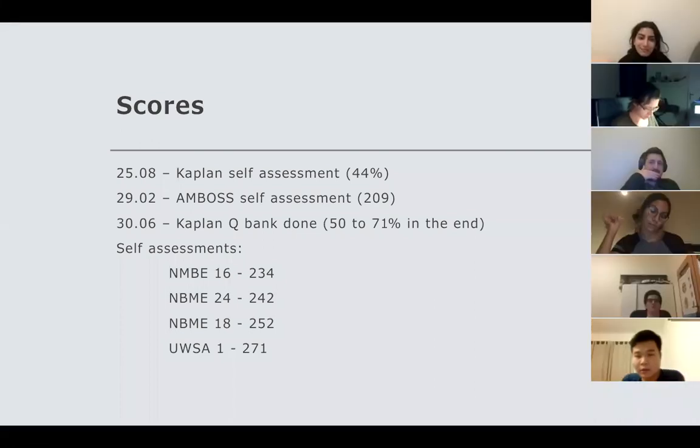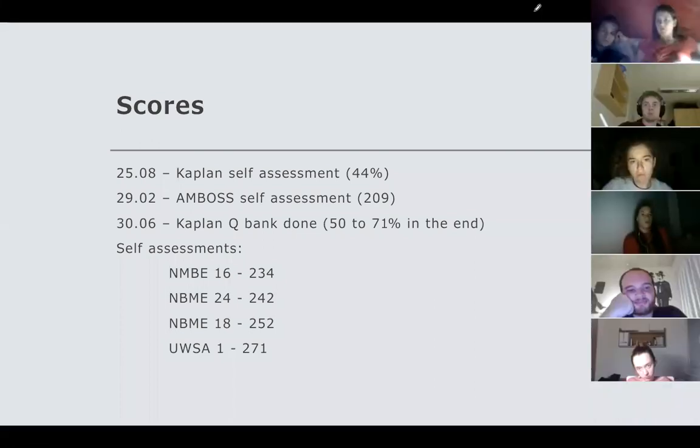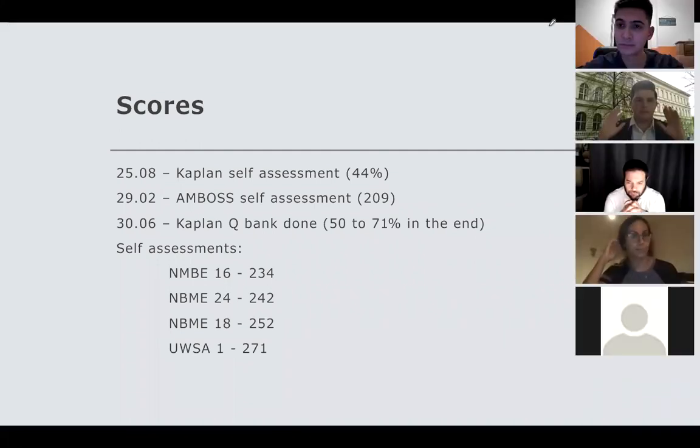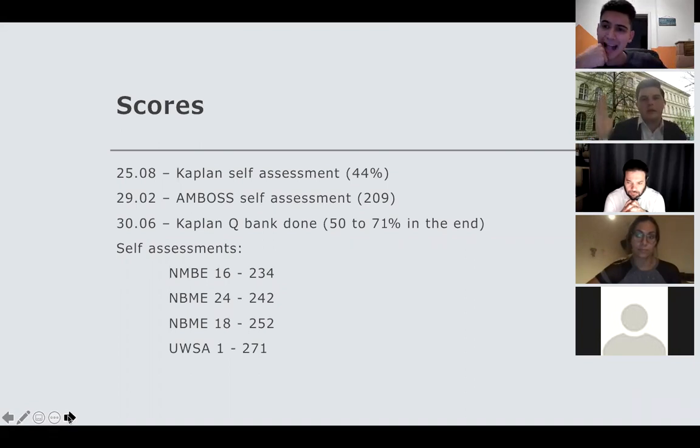If I'm below 240, I'm dead. The specialties I want to do in the US, I will not match for sure. You did your research beforehand, you know it. And then you ask, what should my target be? Well, that minimum plus minus 5. So in my case, from the research that I did, I knew I needed something between a 240 and a 250. That's what I needed to be in.